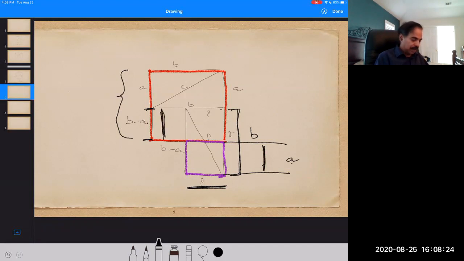This one is B minus A and this is A, so if you add it, you get B. Therefore, it must be the case that this size is A. So what we have in purple is a square of size A, so it has area A square. And it's easier to see that this red thing is a square of size B on each side.